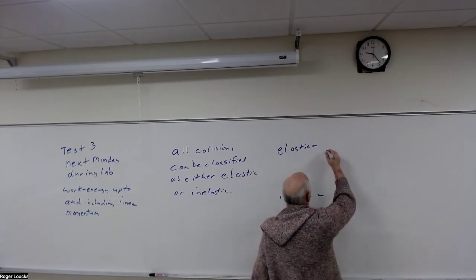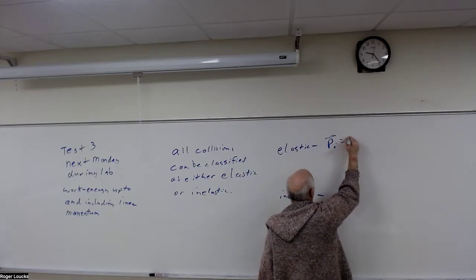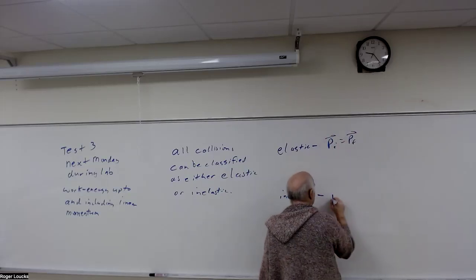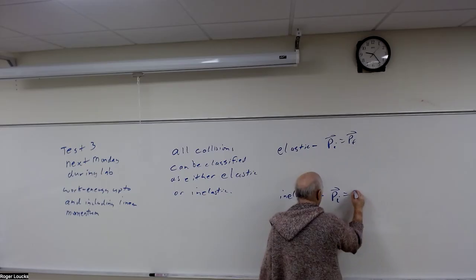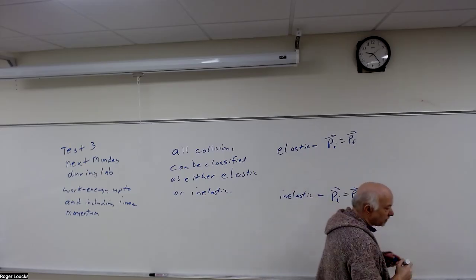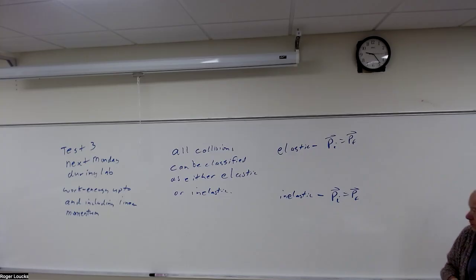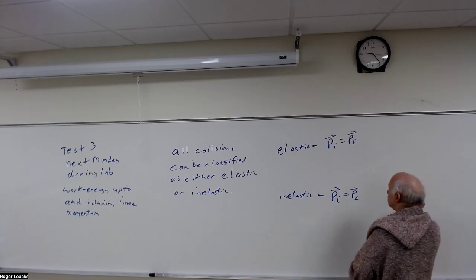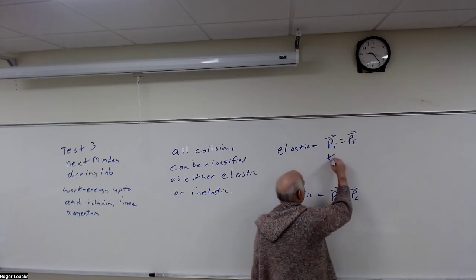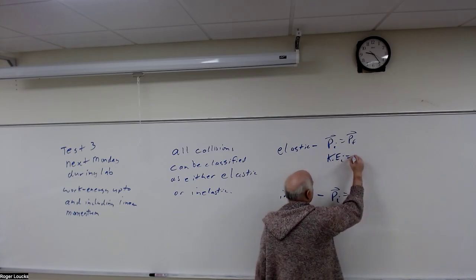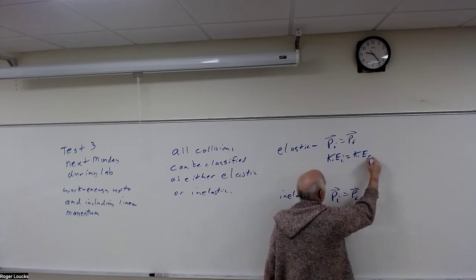So no matter what, I'd have P initial equals P final. This is P initial equals P final. So when you see these collisions, they are going to conserve linear momentum no matter what. Now here's the difference. In an elastic collision, the kinetic energy before the collision and the kinetic energy after the collision are the same.